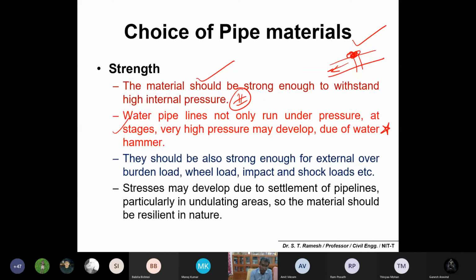Third point, they should also be strong enough for external overburden load, wheel load, impact and also shock loads. So please remember, it should also withstand external overburden load.